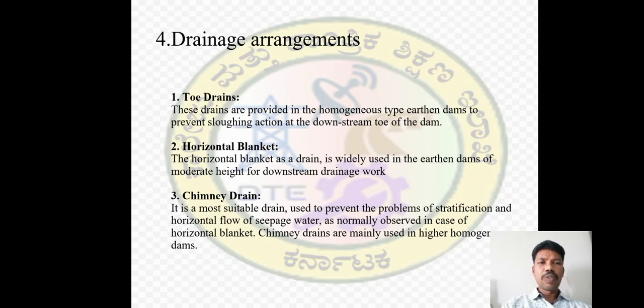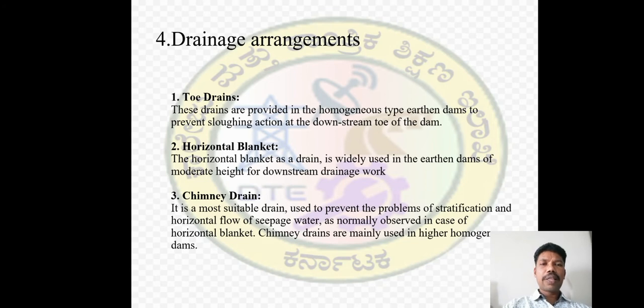Toe drains are longitudinal drains provided along the length of the earthen dam at the toe portion, which collect the water at the toe and discharge it very quickly, so that it protects the soil from erosion and provides stability.